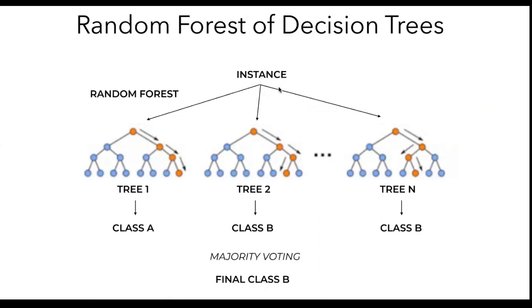The whole idea is to develop an algorithm that runs the decision tree many times in order to focus on the stability and the accuracy of the result, which was missing in the decision tree. So you see here we have an instance. We started from an instance and there are multiple random initializations.